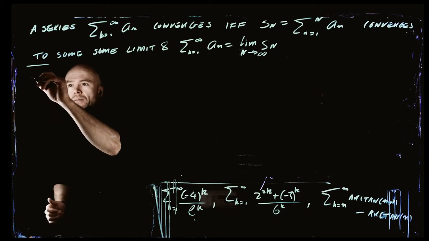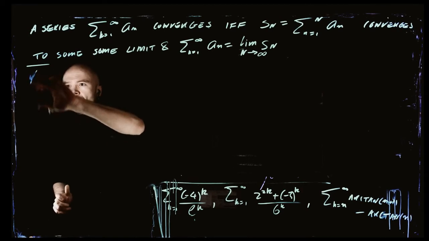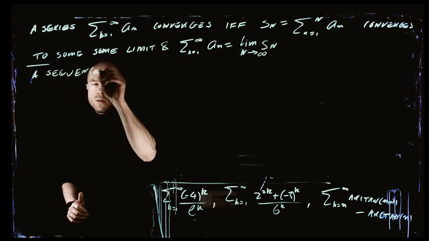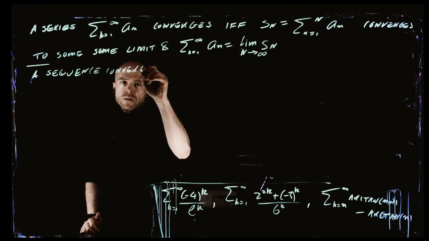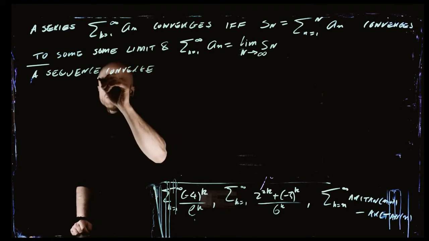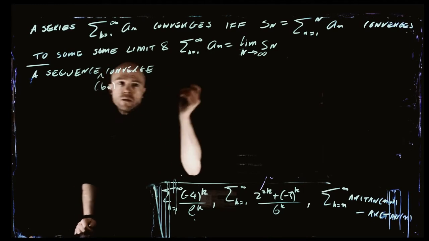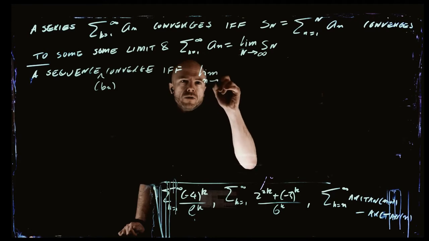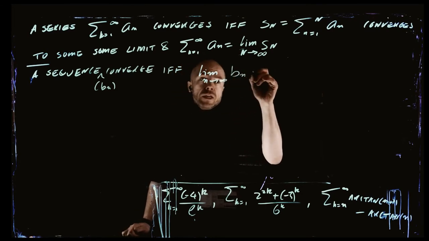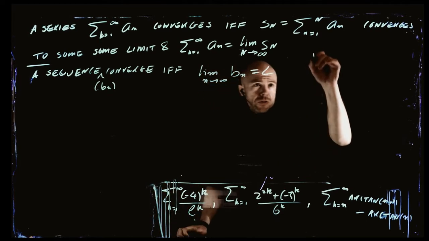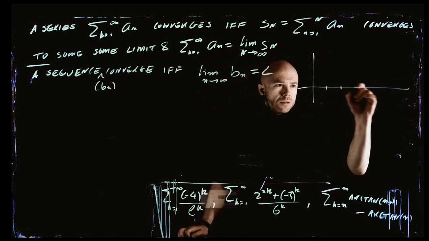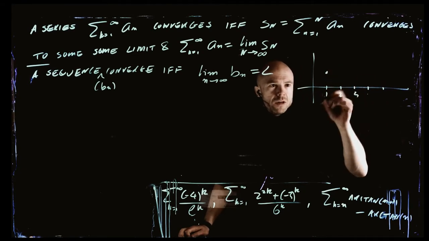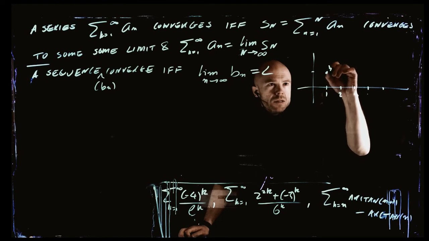A sequence converges. So let's call our sequence b_n. It converges if and only if the limit as n goes to infinity of b_n exists and equals L. And our picture for this is that we take our x-axis, and above every integer 1, 2, 3, 4, and so on, we put a dot that represents each element of our sequence.